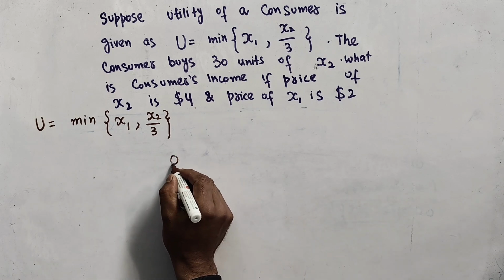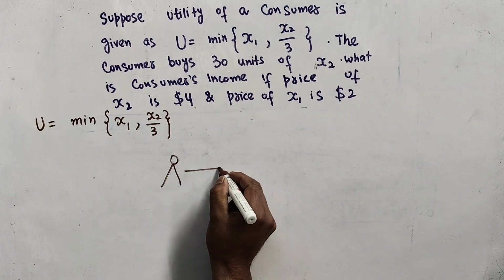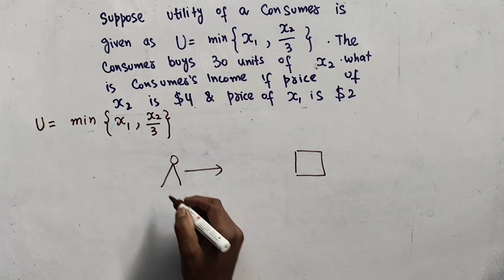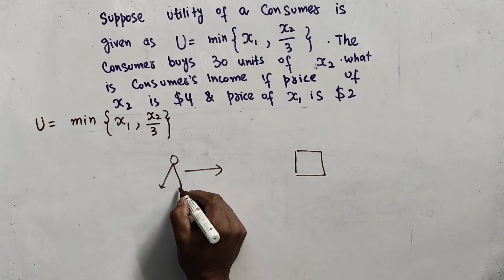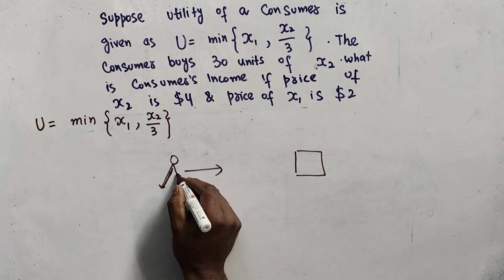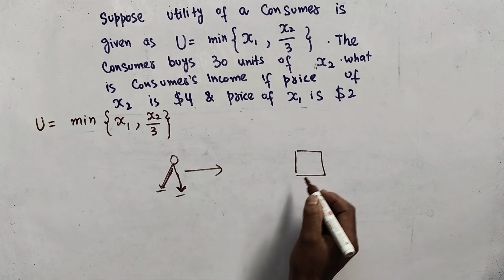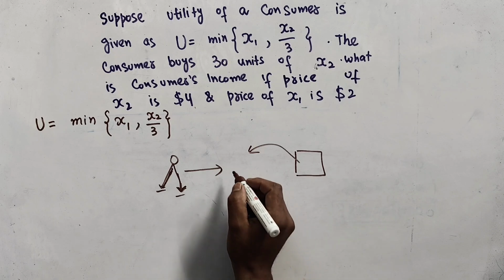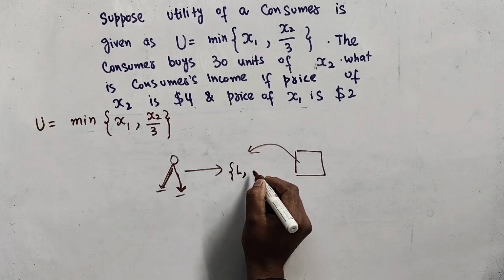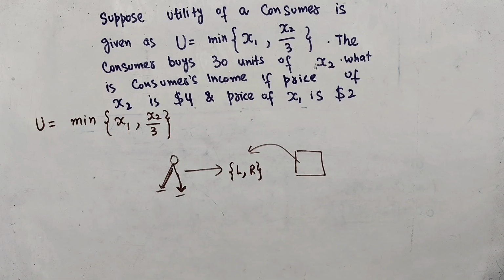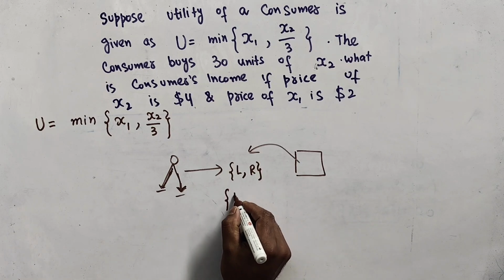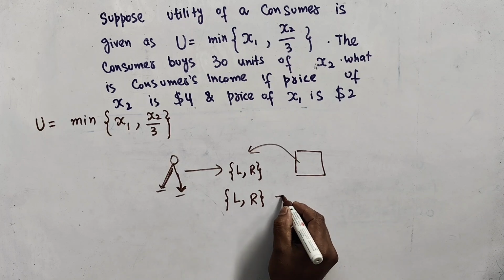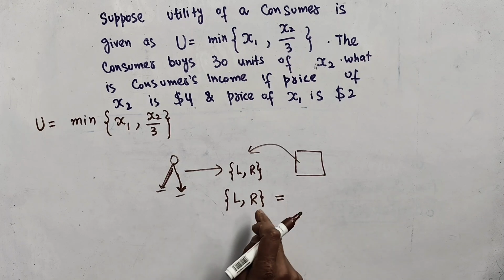Let us say we have a normal consumer. He goes to a shop. By normal consumer, I mean someone who is not specially abled, who has two legs, a perfectly healthy person. He goes to a shop because he wants to buy a pair of shoes. He will choose a left shoe and a right shoe, L and R, a pair of shoes.